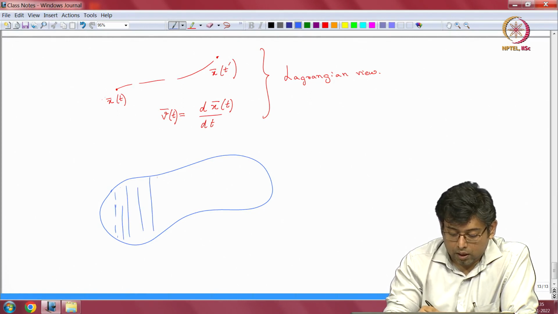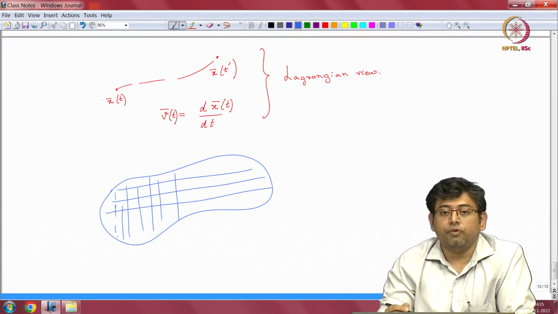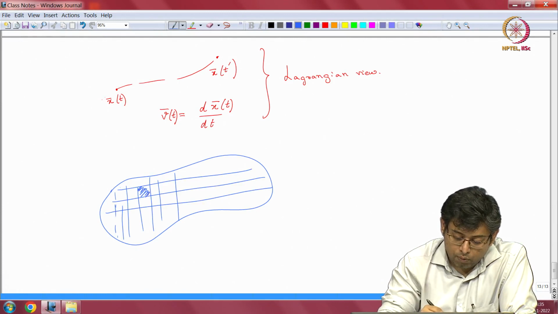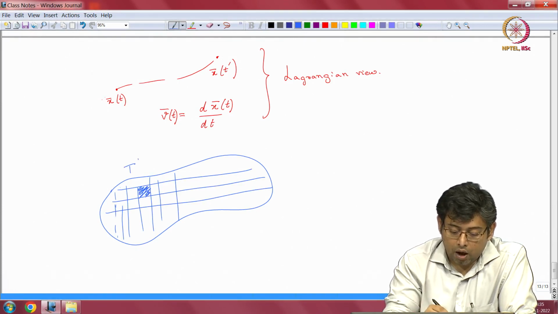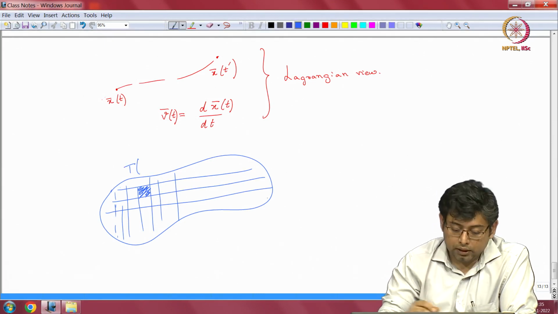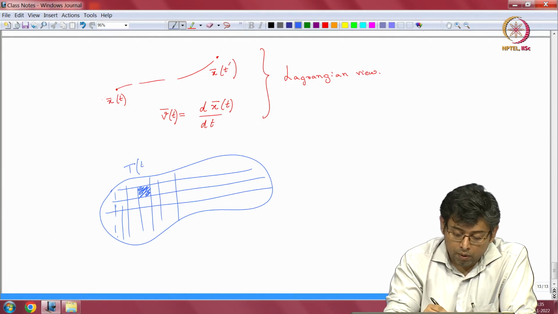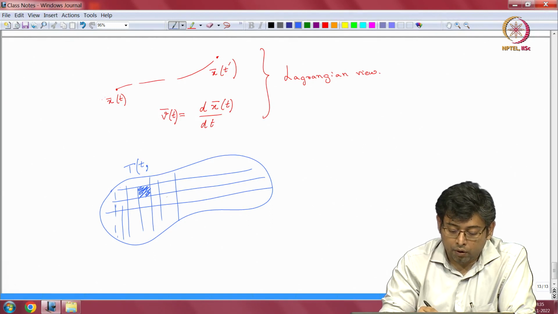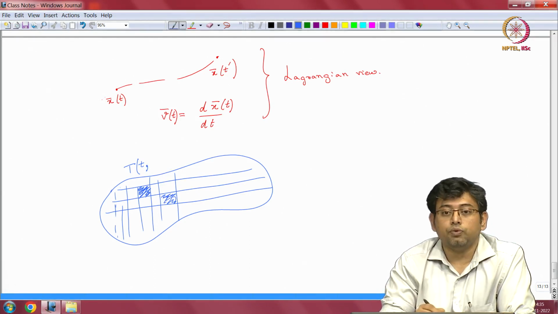We keep this grid fixed, and if I want to monitor the temperature of this location, capital T, then I just monitor the temperature at this location over time. So, this temperature now becomes a function of time, and if I go to a different window, it will have a different temperature. So, my temperature is also a function of which window I use.